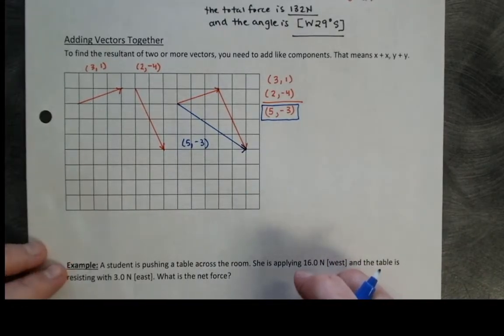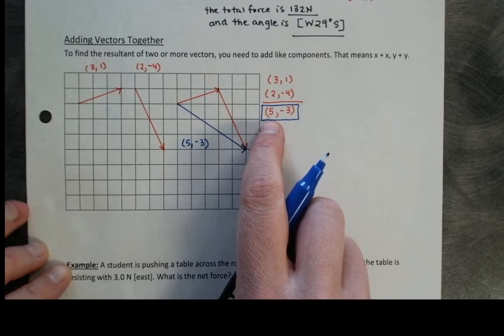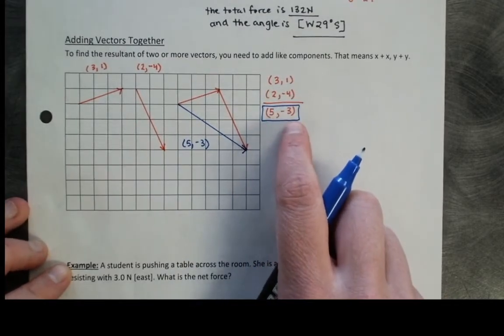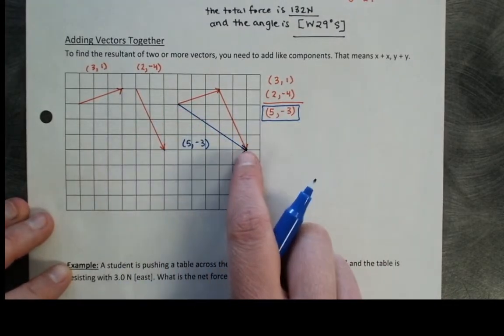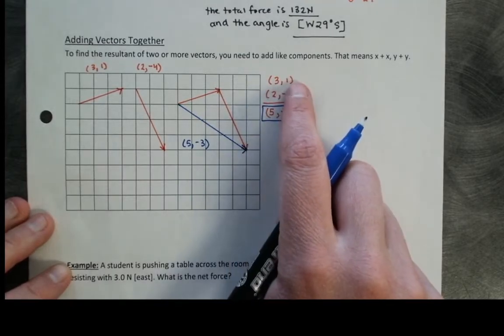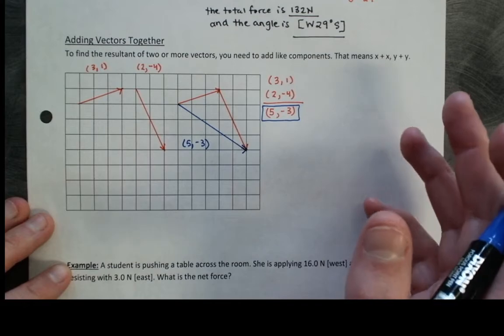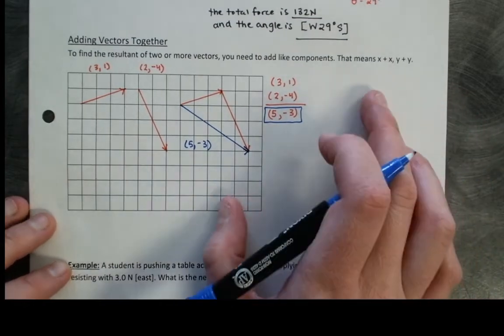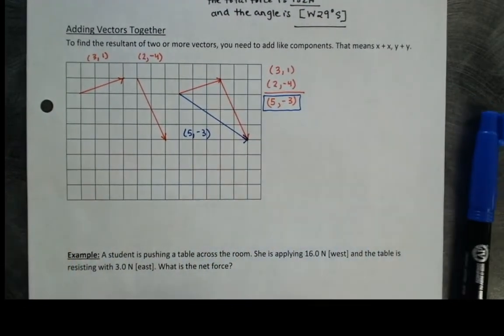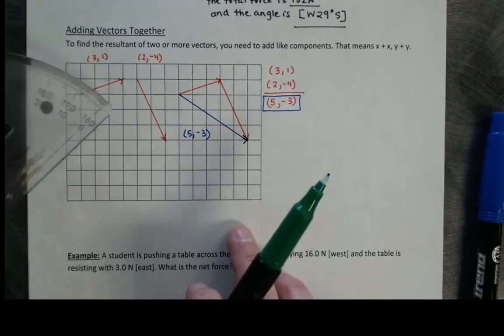If we just add our x's together, we get a new x. If we add our y's together, we get a new y. And it's the exact same as if we were to draw it. So if we know our x and y components for vectors, we can actually add our vectors together. Let's look at one more example so that you know I didn't magically make that happen by accident.